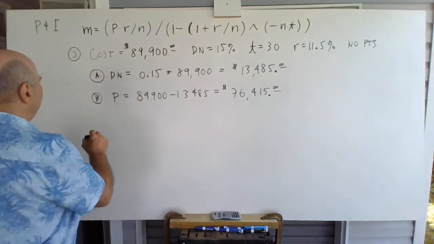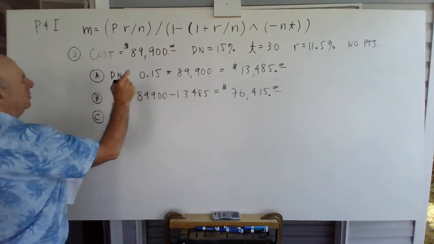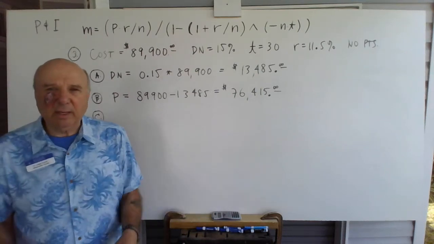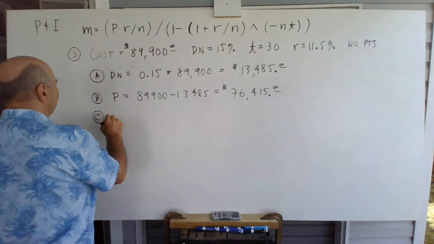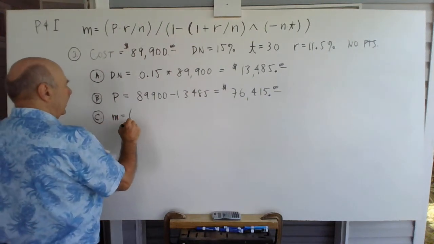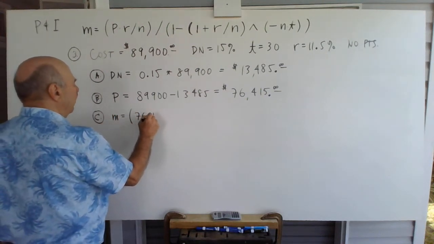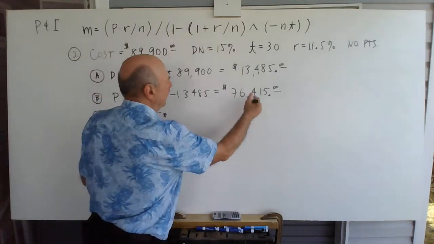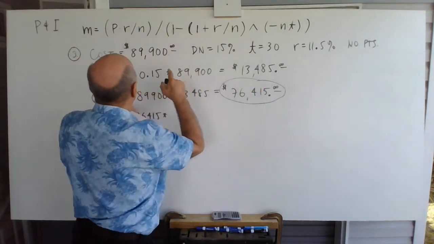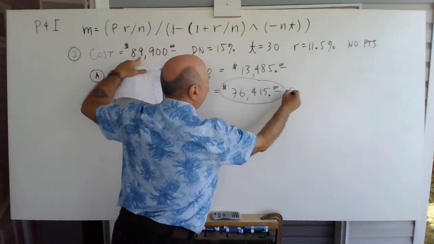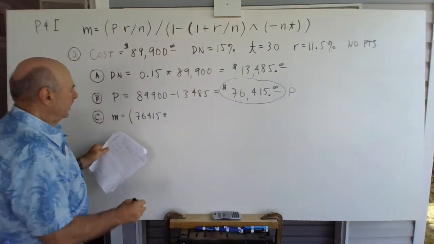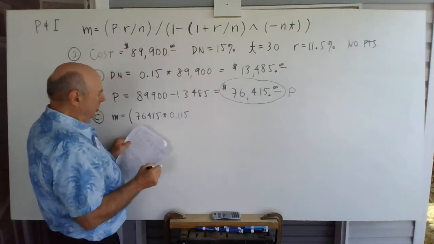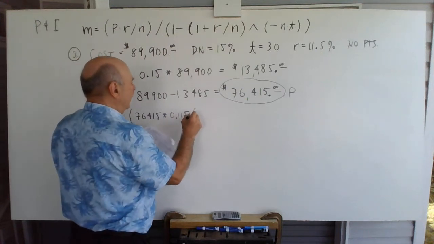So since this one is on the table, 11.5% is on the, no it isn't. I take that back. So we have to use the formula. So the monthly payment is 76415. Remember, this is the principal. This is the cost. So I take that times, that's a pretty big percentage, as you probably recognize.